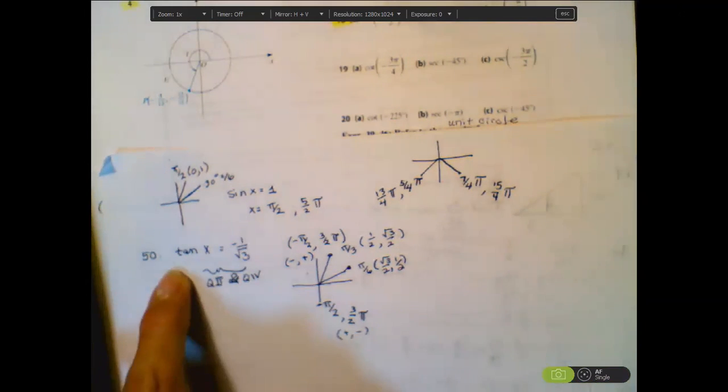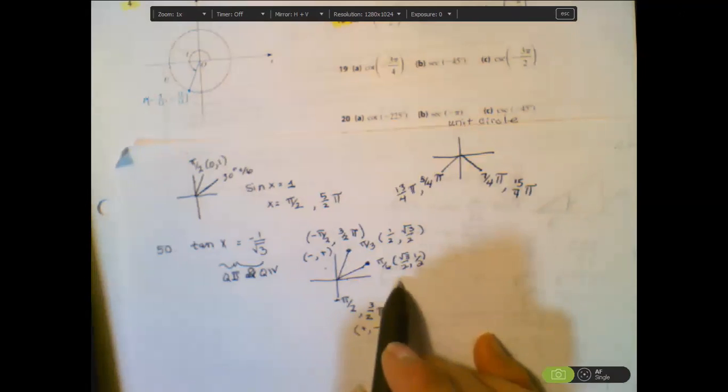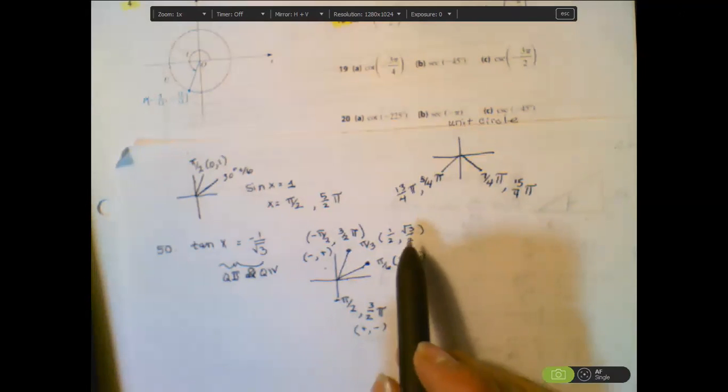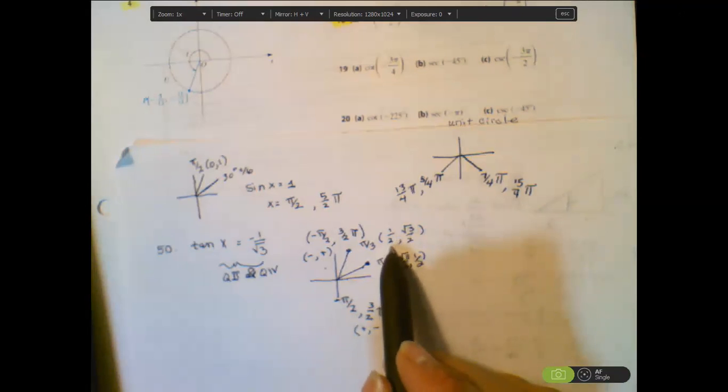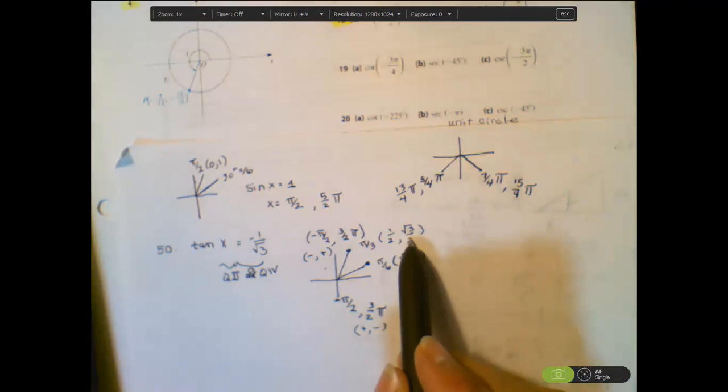So what's the definition of tangent using x's and y's? Is it y over x or x over y? Y over x. All right, so which one of these 2 ordered pairs, if I took the y and divided it by x, notice dividing by a fraction is the same as multiplying by the reciprocal.